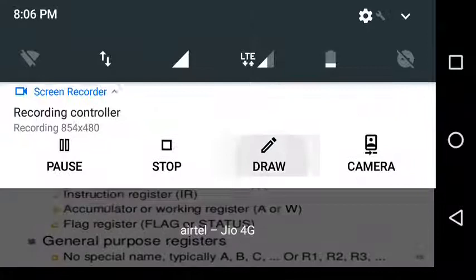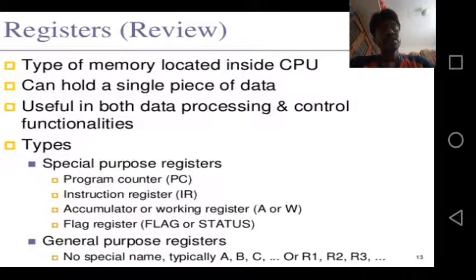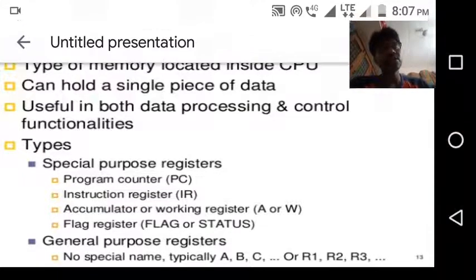How do you define a register? A register is a temporary storage area which can hold a single piece of data.